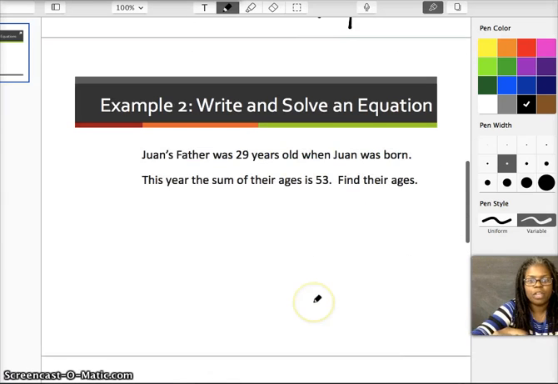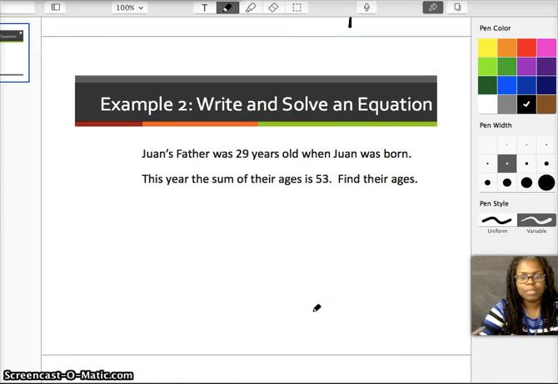Let's see what we have. Example 2. Sometimes when we have these problems, we're not just going to write an equation, we're going to actually write and solve. So in this problem, this is a little bit challenging, but we can handle it. Juan's father was 29 years old when Juan was born. This year, the sum of their ages is 53. Find their ages. So we're going to let X refer to Juan's age.